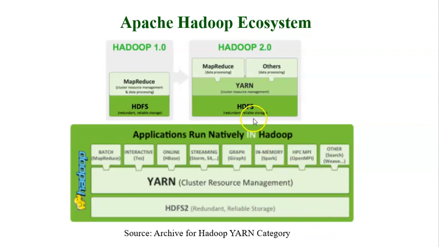Here we can see HDFS, it means a kind of storage, and then Yarn, it means a subsystem to manage the resources. Then we have MapReduce and others, I mean Hive, Spark, many other things.